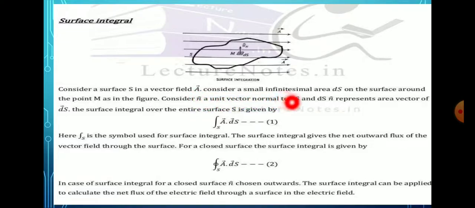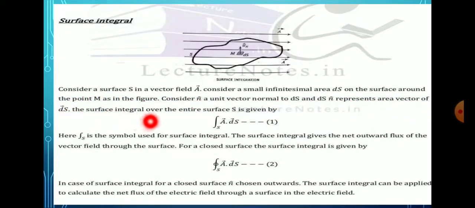Consider the small area ds on the surface around the point M as in the figure, and consider n cap, a unit vector normal to ds, representing the area vector ds bar.